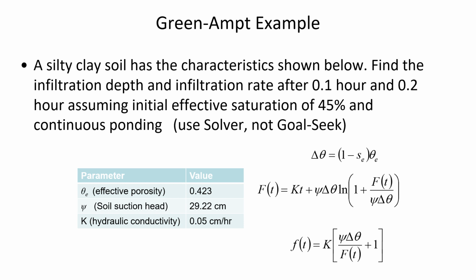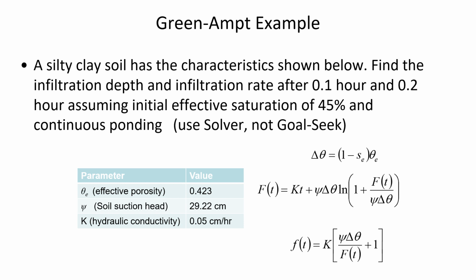But we have to know that if there isn't continuous ponding, like if the precipitation rate is less than the infiltration rate, then the infiltration rate will decline less rapidly than it would under Green-Ampt. So Green-Ampt is going to give us, you could think of it, the worst case scenario for the quickest that the infiltration rate could decline if there was continuous ponding.